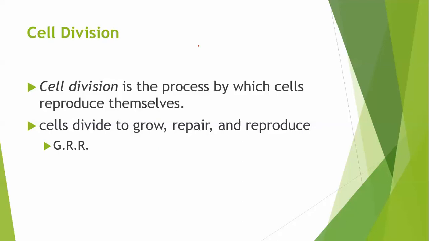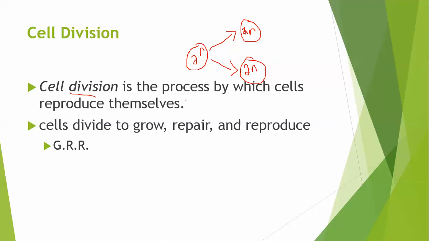So it's kind of like multiplying. So cells dividing are multiplying. That's weird, I know. Okay, so it goes from 2N, a diploid cell, and it gets divided into two new daughter cells. 2N and 2N.